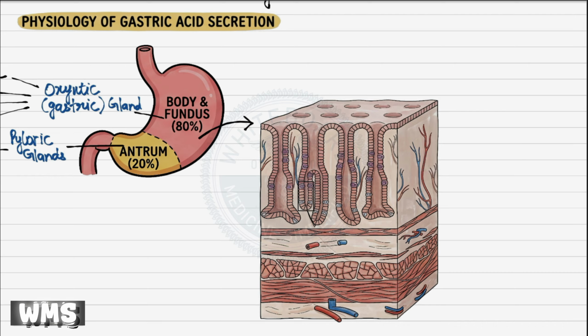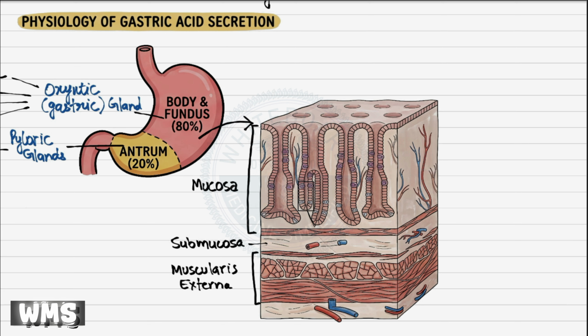So as shown in the image, the stomach wall is organized into different layers, namely the mucosa, submucosa, and muscularis externa. And among these, the mucosa is the most important for secretion. Now within this mucosal layer, we can clearly see invaginations of the surface epithelium forming structures called gastric pits.